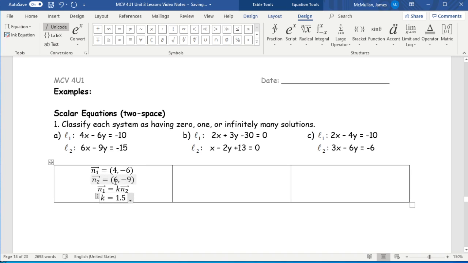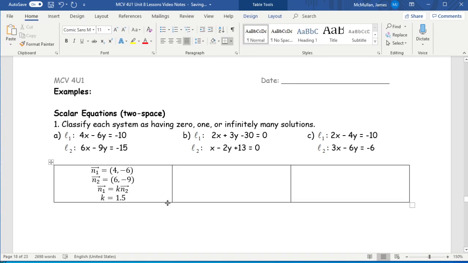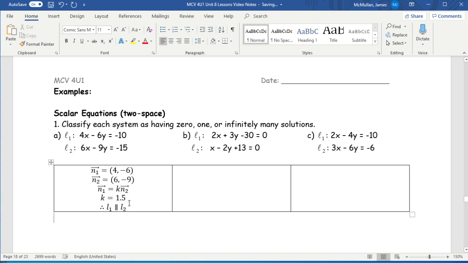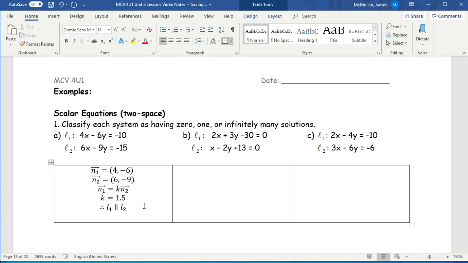So 4 times 1.5 is 6, and -6 times 1.5 is -9. So you can see they're parallel. So L1 is parallel to L2, and there's the little sign for parallel. So the two lines are parallel, and therefore either they are the same line and have infinite solutions, or they must be distinct lines.